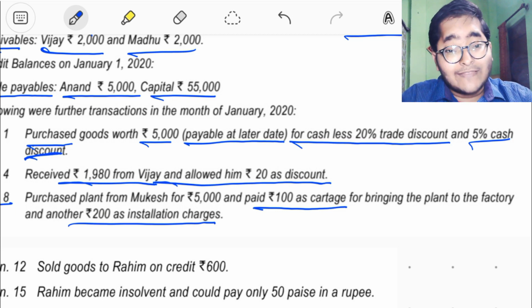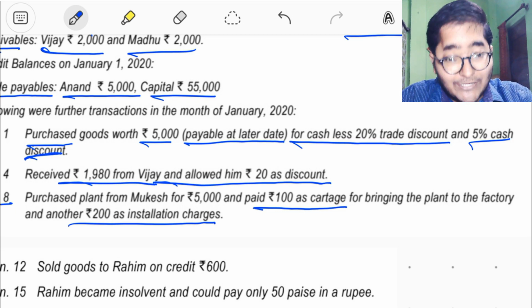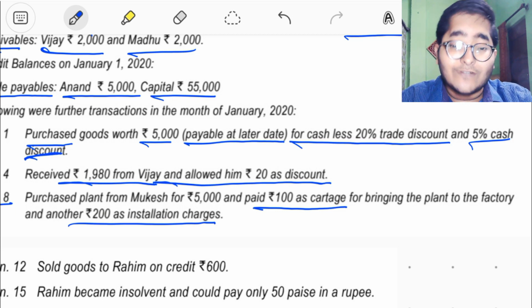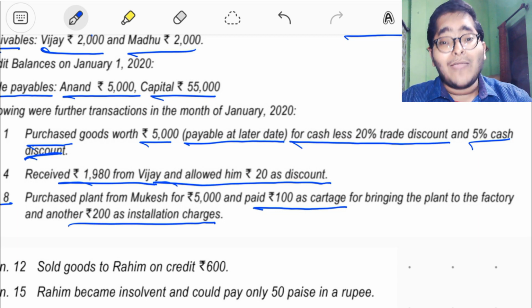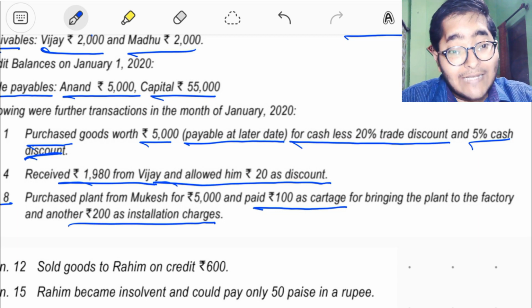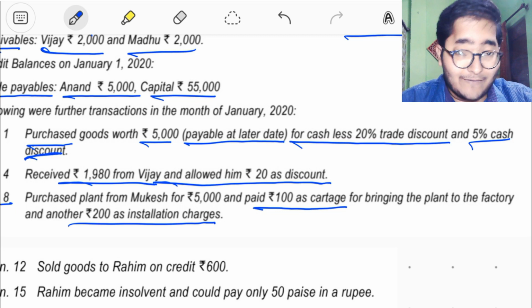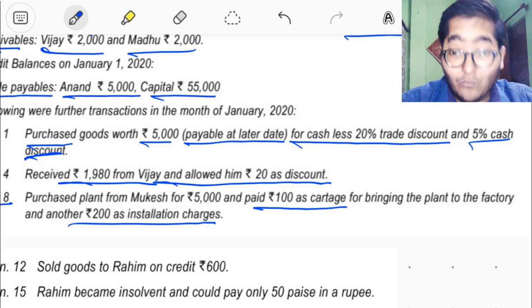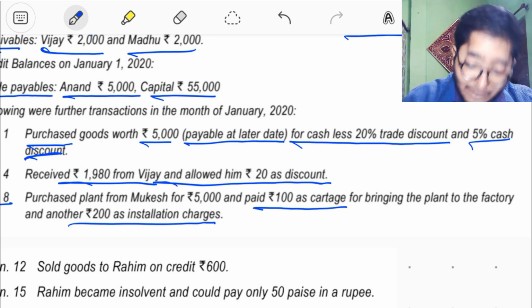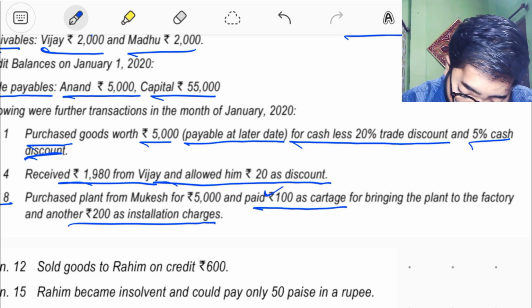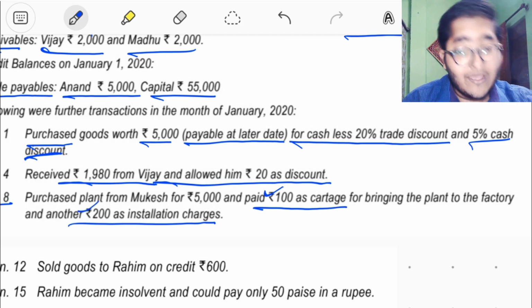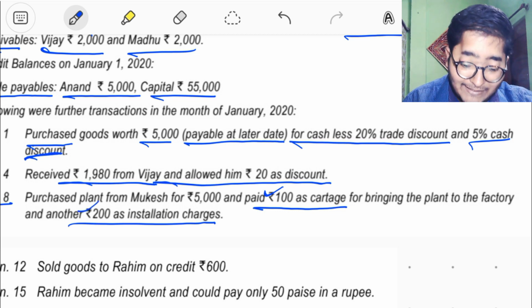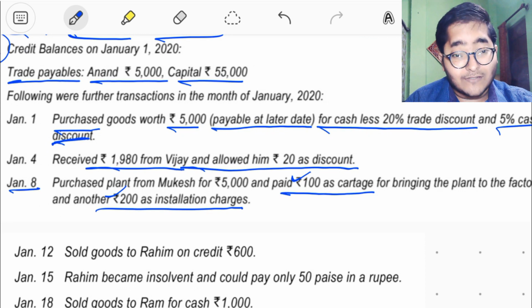These rupees 100 as cartage and rupees 200 as installation expense are paid only once for the lifetime of this plant. That is why both would be capitalized. These will be included in the cost of the plant.